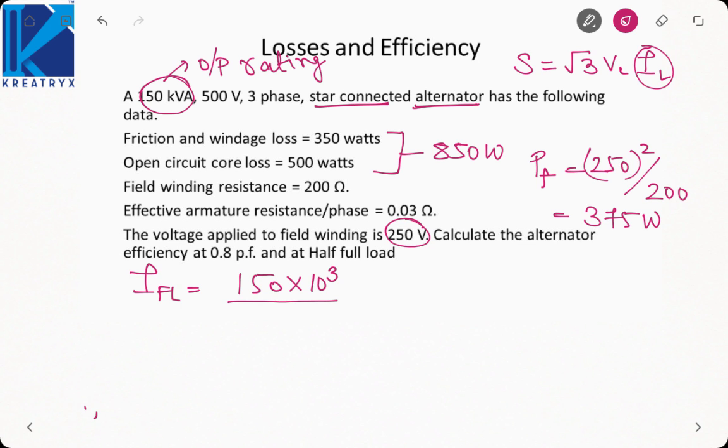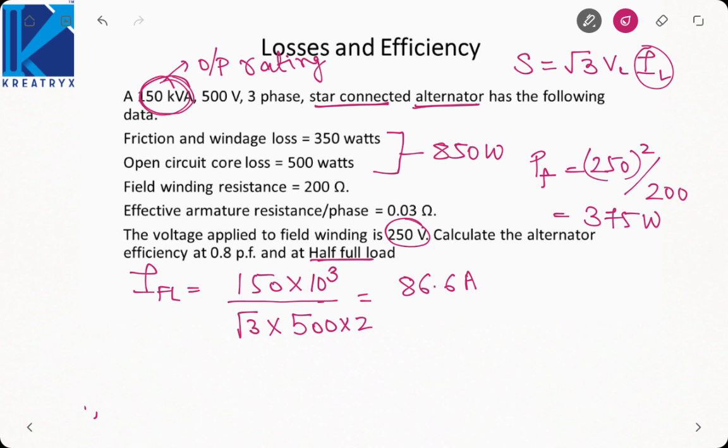But if this power was real, then we will use P is equal to root 3 VL IL cos phi. So this is a very common mistake. We do not consider whether the power is S or P. We directly use it. Is it fine? Root 3 into 500. So this current shall come out to be 86.6 ampere.